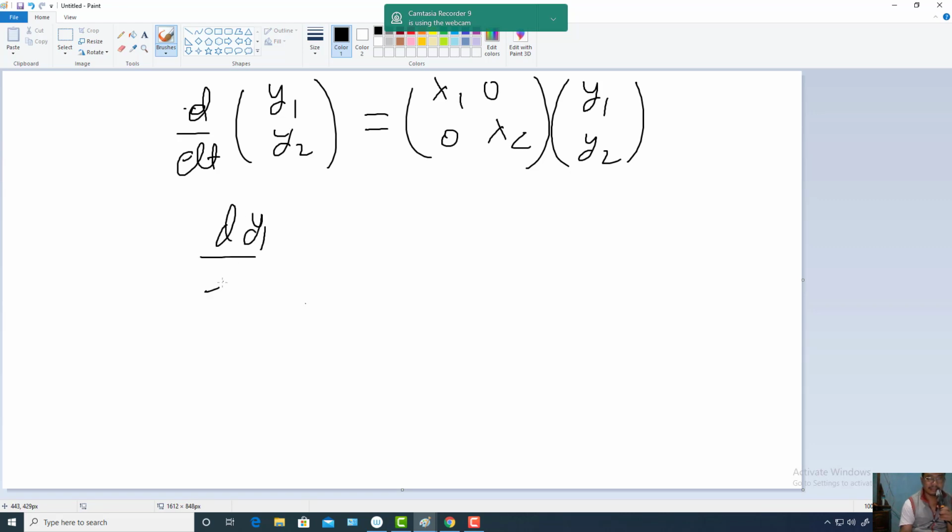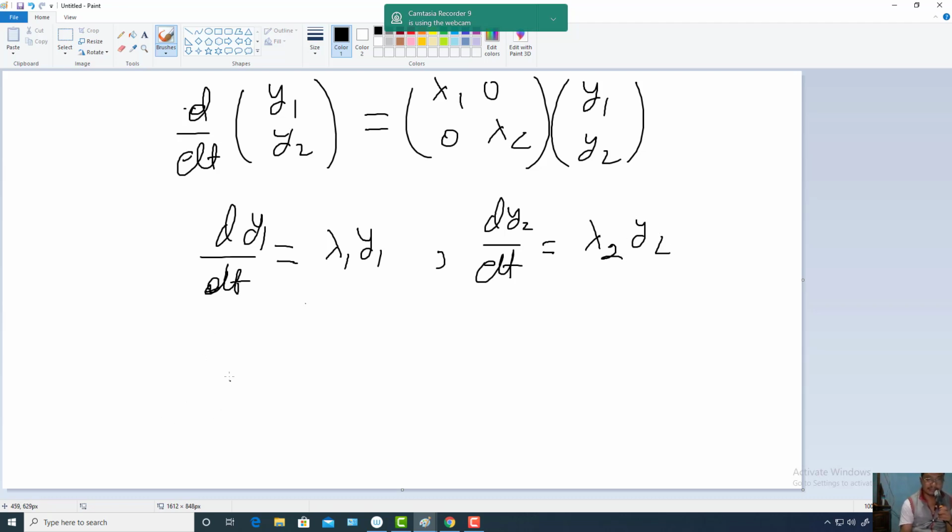So from here, what you get? Dy1 by dt is exactly lambda 1 y1, okay. And from the second one, dy2 by dt is lambda 2 y2.